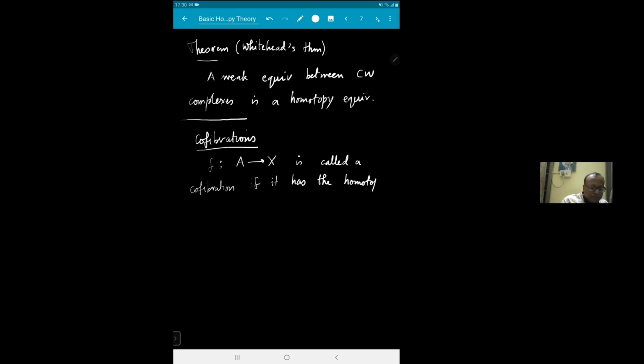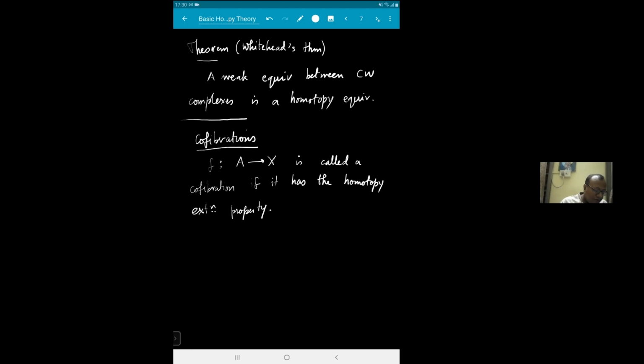So maybe you forgot this from the course in algebraic topology. It's a very useful property. It's used all the time. But let me just remind you.